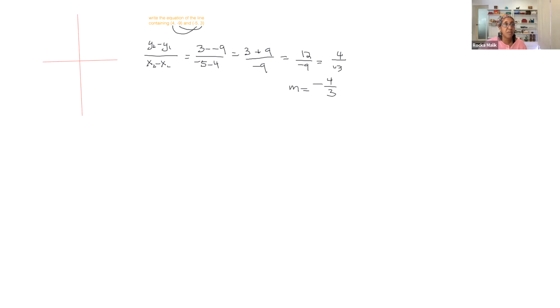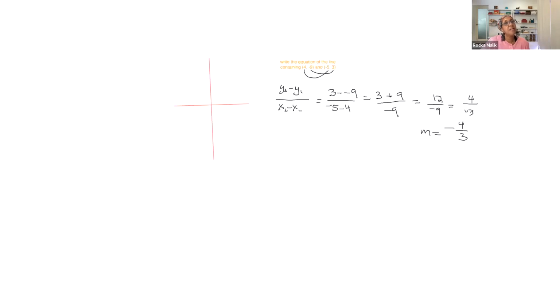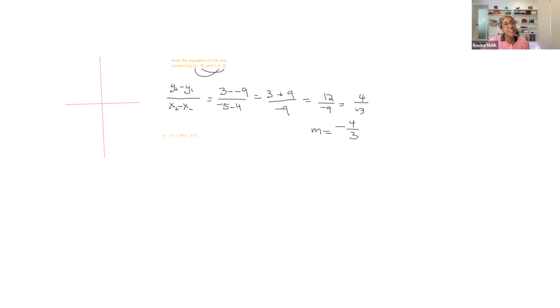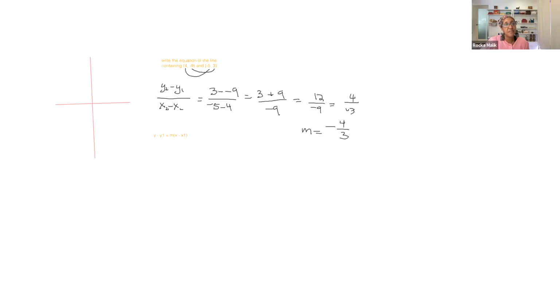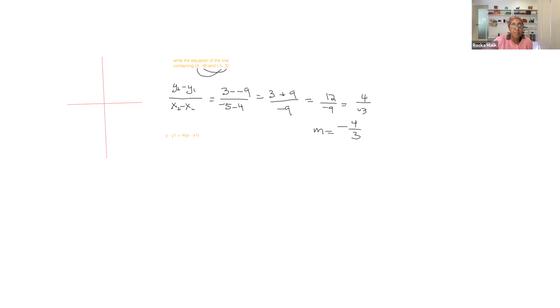Okay, so the formula is y minus y1 equals m times x minus x1. So sorry. Okay, so which point do you want to use? (4, -9) or (-5, 3)? (-5, 3).